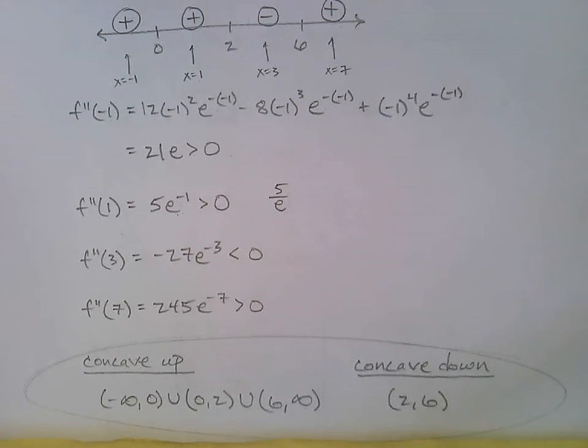Now at this point, a lot of times students will ask, hey, back over here with concave up, I noticed -infinity to 0, 0 to 2. Could we just say right here, -infinity to 2? No, because we're skipping 0 itself. This function is not concave up at 0, right?